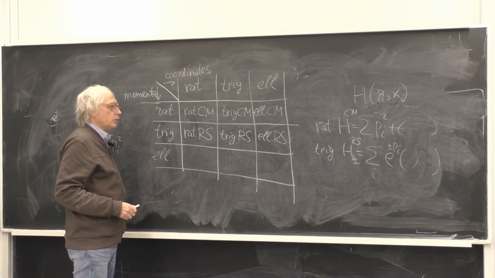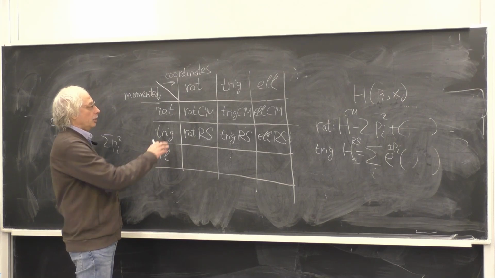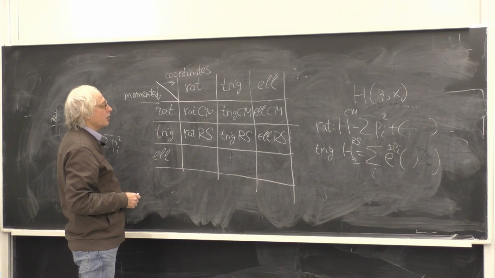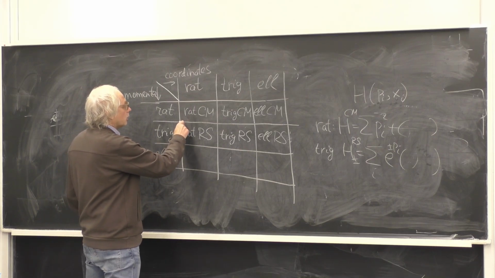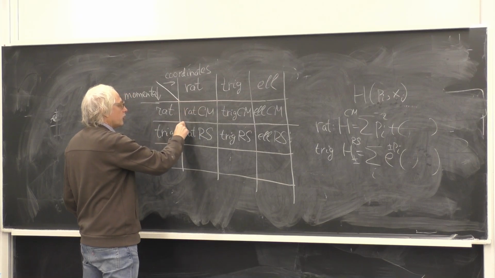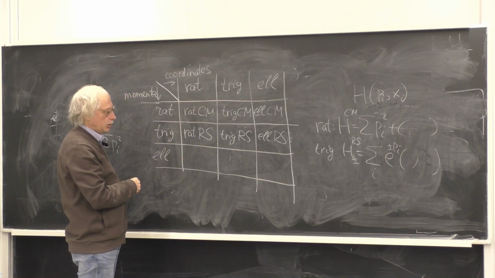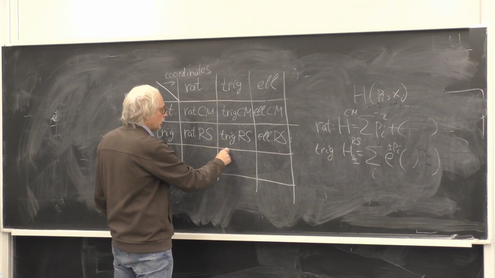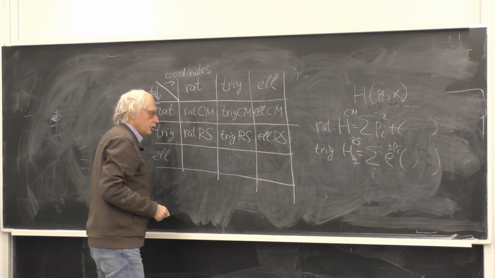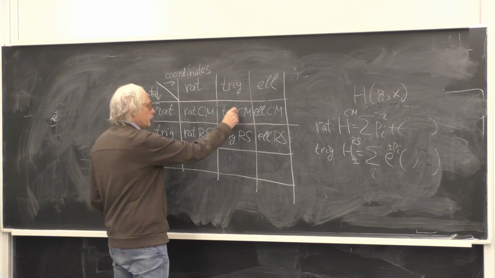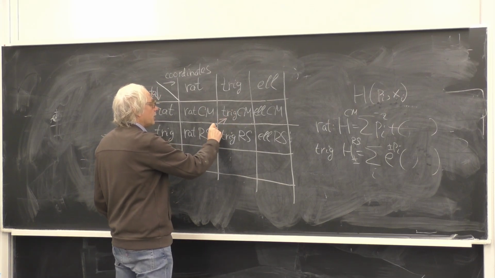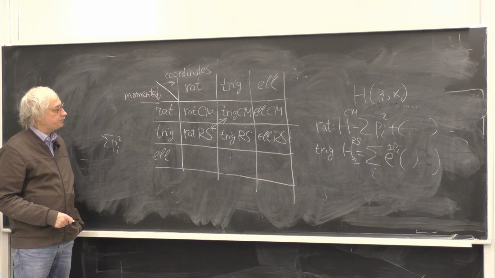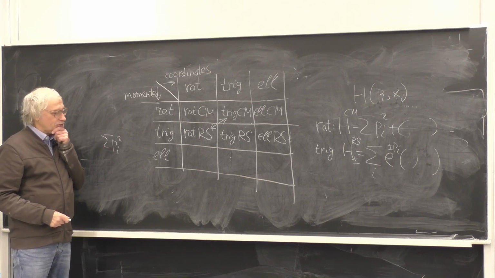Now, what about duality transformations? These types of models are related by duality transformations. For example, the rational Calogero-Moser model is self-dual. And it can be shown also that the trigonometric Ruijsenaars-Schneider model is also self-dual. And these two models are related by duality transformation. We will not discuss it in detail.